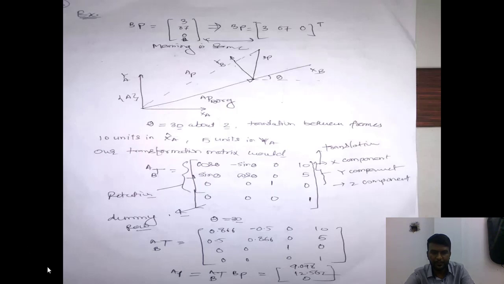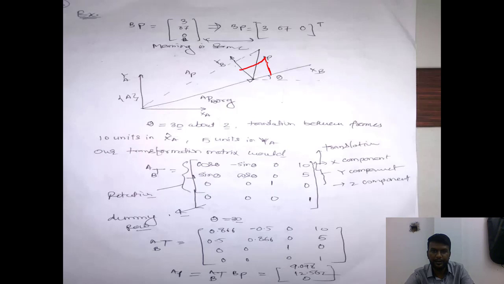We have done a numerical here. The points are 3 and 7 in frame B. These points are defined in frame B. This is 3 on the x-axis, and this point is 7.